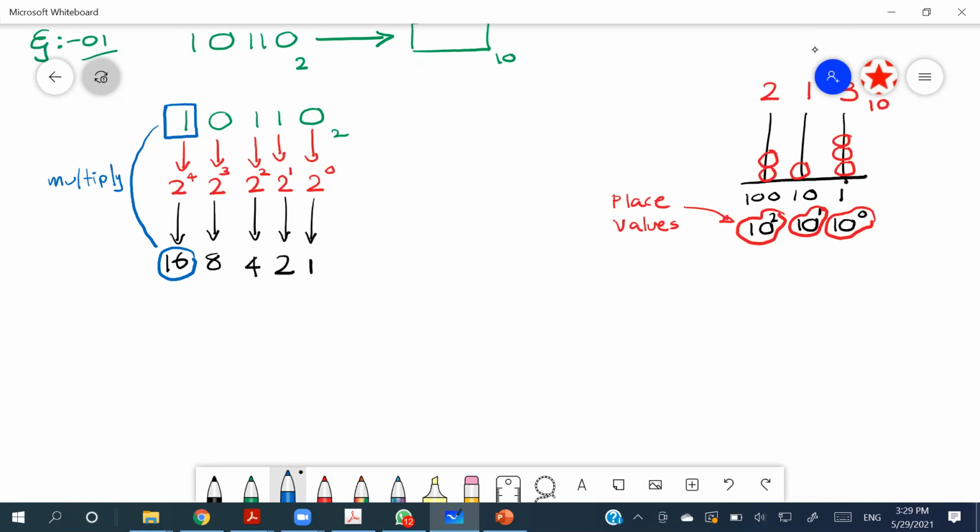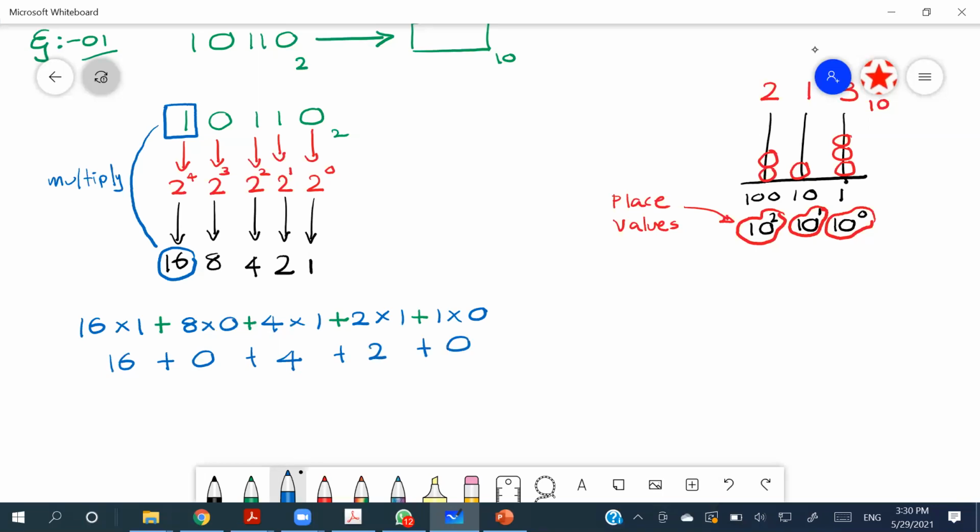So what happens? 16 will be multiplied by 1. 8 will be multiplied by 0. 4 will be multiplied by 1. 2 will be multiplied by 1. 1 will be multiplied by 0. Then after, you have to add these values. Simple, right? 16 into 1 is 16, plus 8 into 0 is 0, 4 into 1 is 4, 2 into 1 is 2, 1 into 0 is 0.